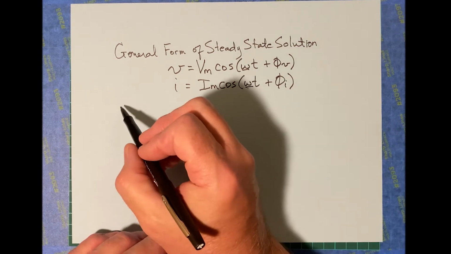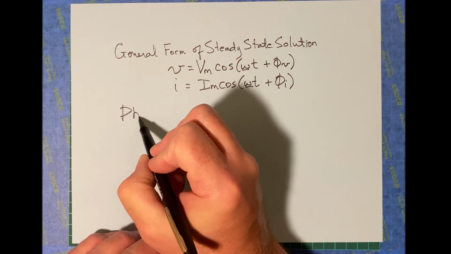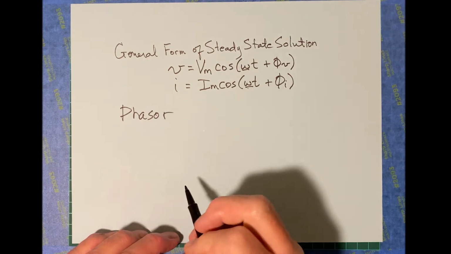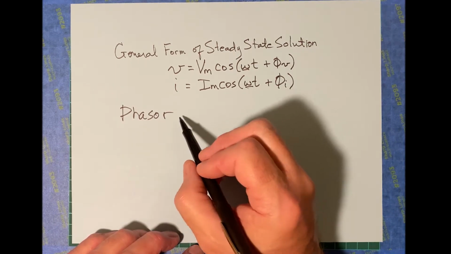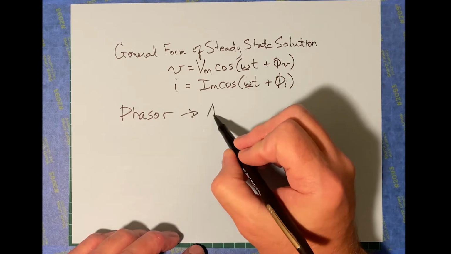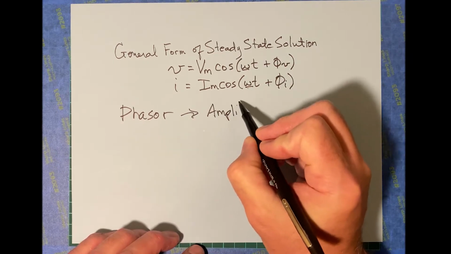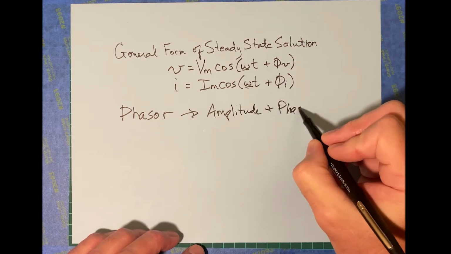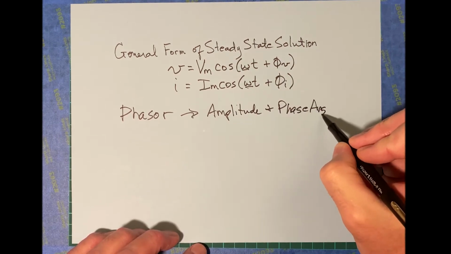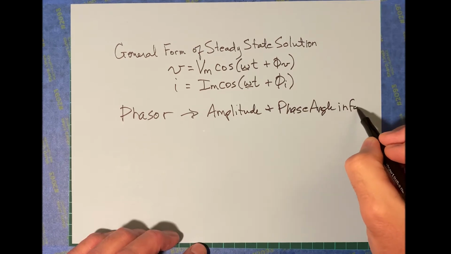Okay. Now we're going to use something that's going to aid us in this. We're going to rely upon something that is called a phasor. And a phasor is something that carries amplitude and phase angle information.